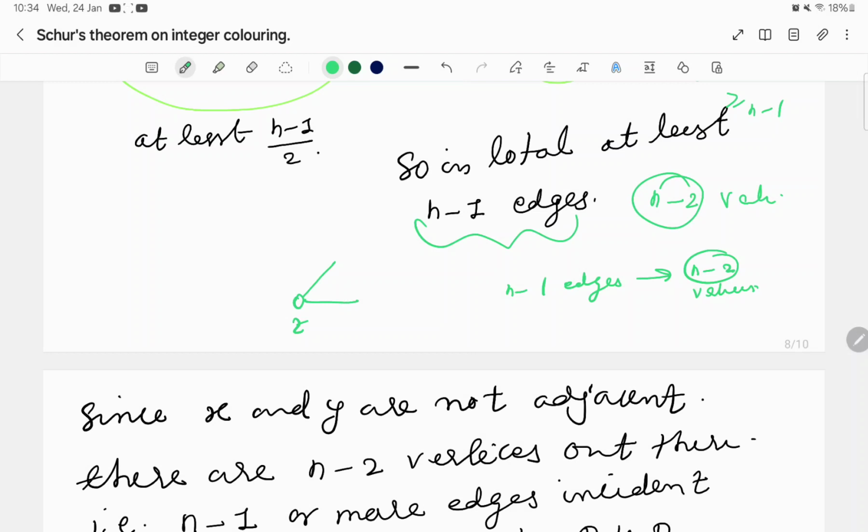These n minus 1 edges are coming from x and y. They cannot be coming from x only, because we are avoiding the situation of multi edges, right? It cannot come from y only either. So the two edges have to come from x and y, right?